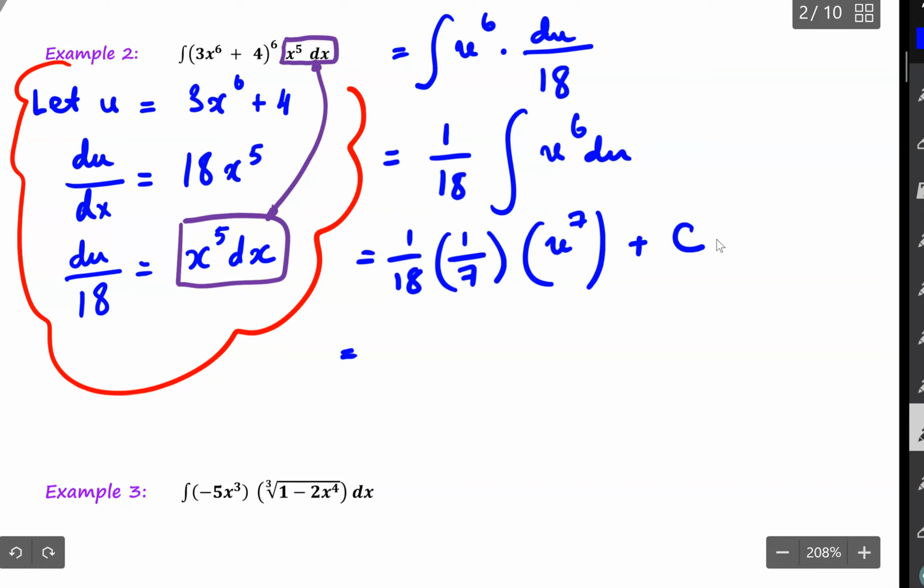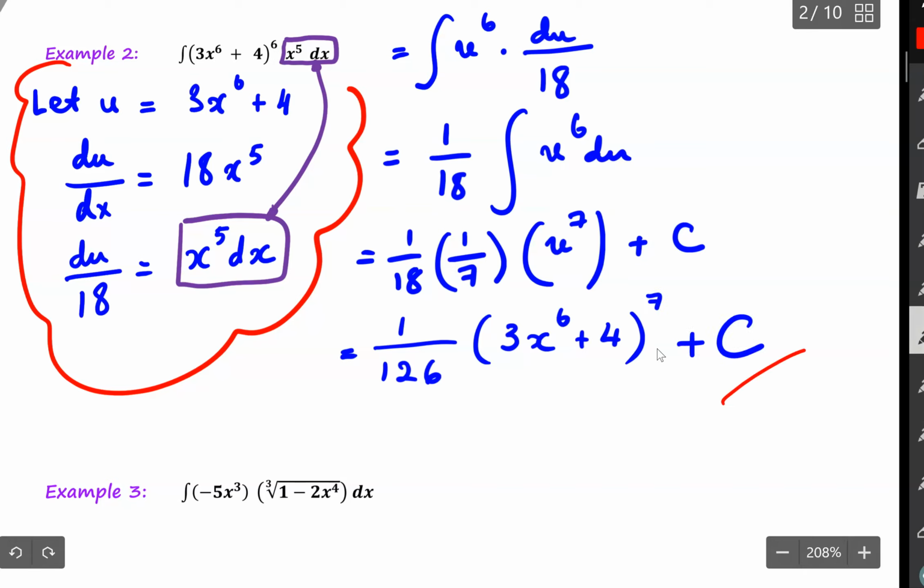And in the end, all you have to do is just simplify and replace u by the function 3 times x to the exponent 6 plus 4. So I should have the answer as 1 over 126 times 3x to the exponent 6 plus 4, all of it raised to the exponent 7 and plus c as my final answer.